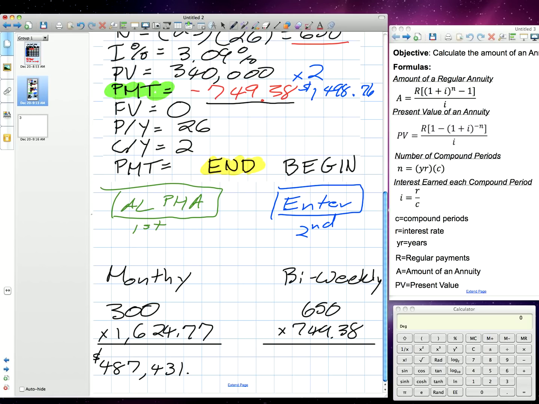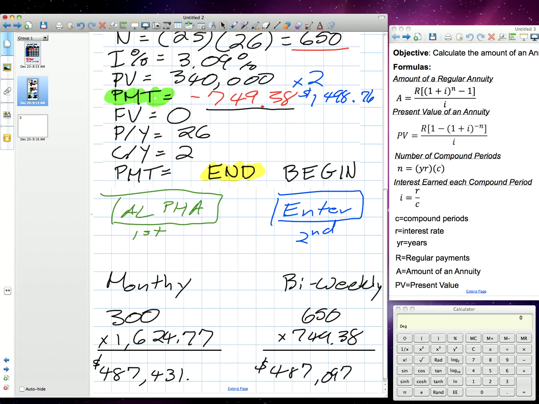For biweekly payments, 650 times $749.38, we end up spending $487,097 over the course of a 24-year mortgage.